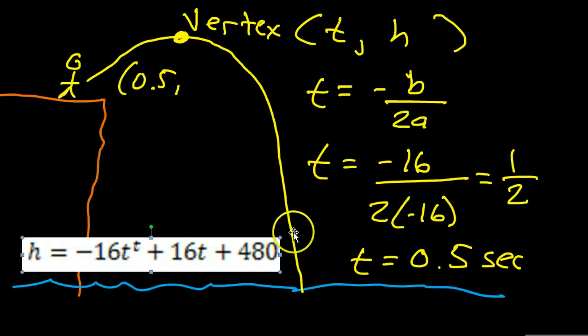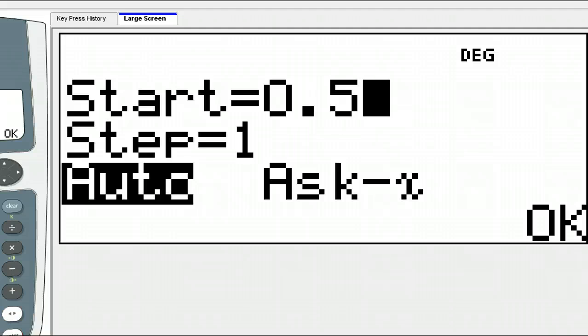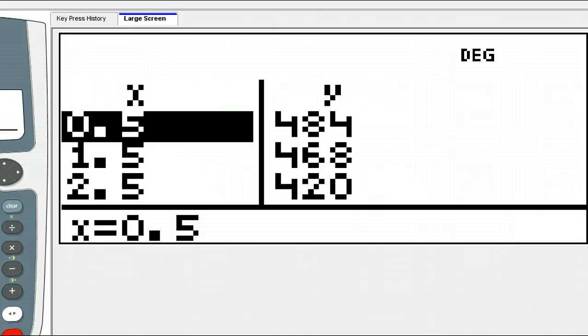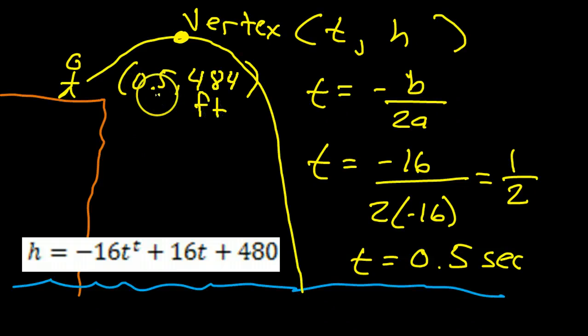And where do we start? Well, we start at 0.5 seconds, because that's what we want to know about. So at 0.5 seconds we are at 484 feet. That is the height that goes with this time.